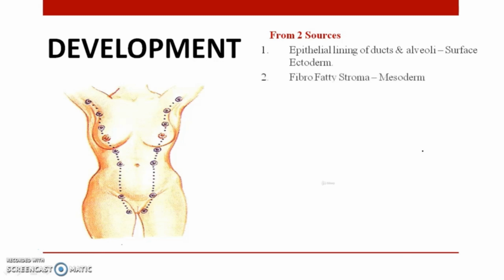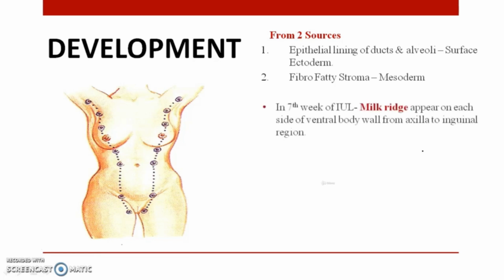The surface ectoderm gives rise to the epithelial lining of ducts and alveoli, and the mesoderm develops the fibrofatty stroma.